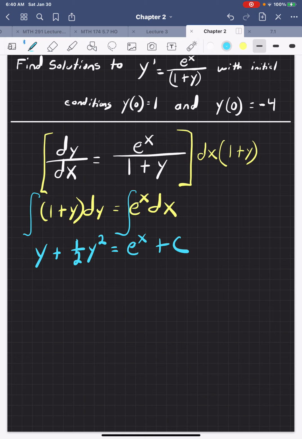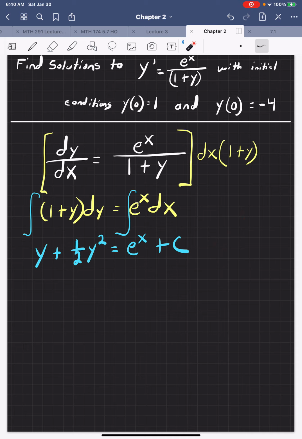All right. Now, remember, our goal is not only to solve for y, but to go a little bit farther and find the solution with these initial conditions. So I want to solve this equation for y, and I'm going to make life a little bit easier on myself by setting it equal to 0.